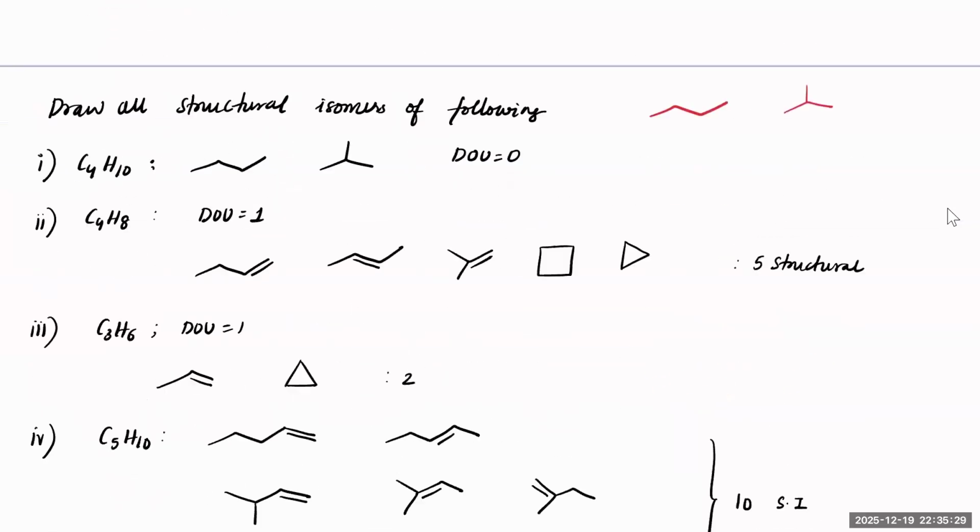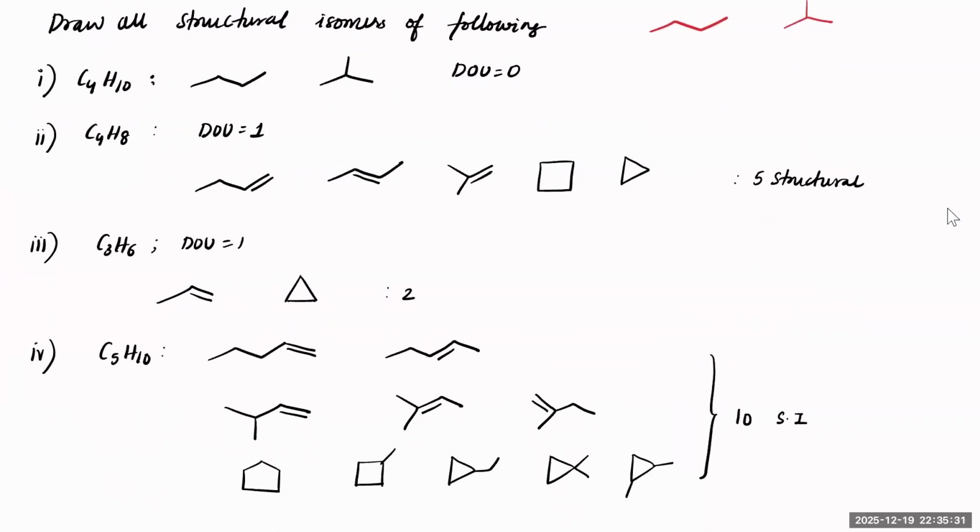Right. Now notice, if you were to draw all the structural isomers which are possible, how many structural isomers are possible? I'll just show you two, three cases. Notice C4H10, I can make only these two. How do you make sure that you know how many structural isomers you can get?